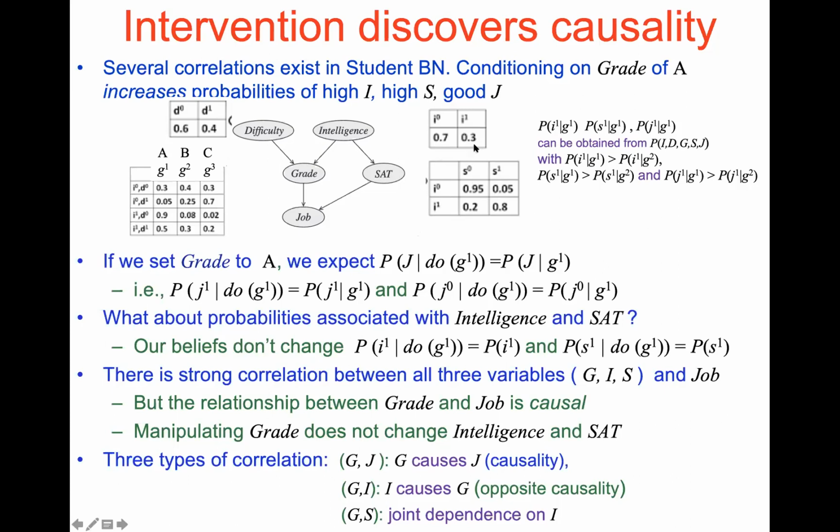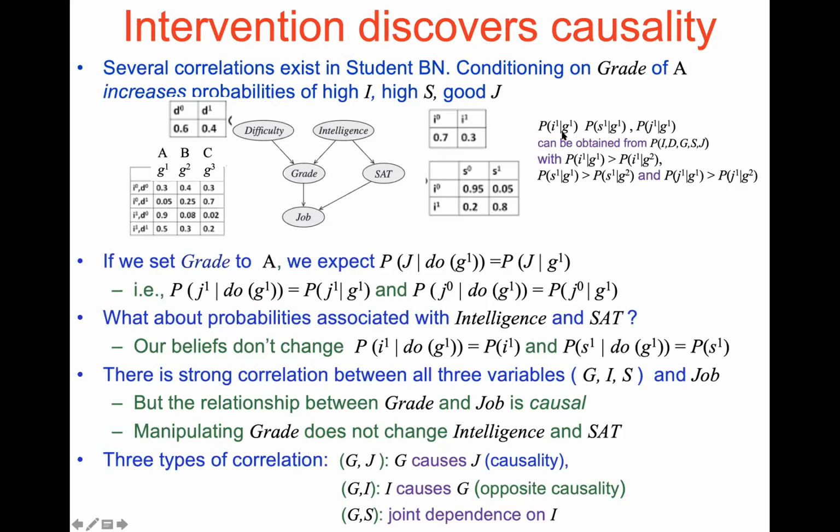Conditioning on grade of A increases the probability of high I. So grade is correlated with I, with SAT, and also with job. There are all kinds of correlations in this data.